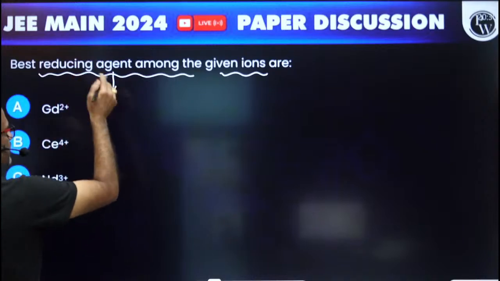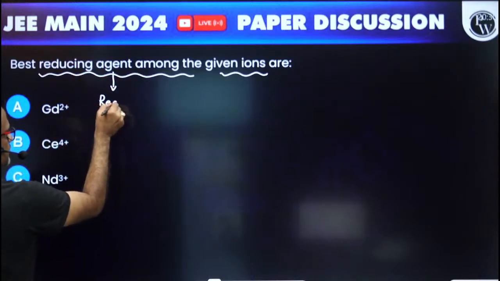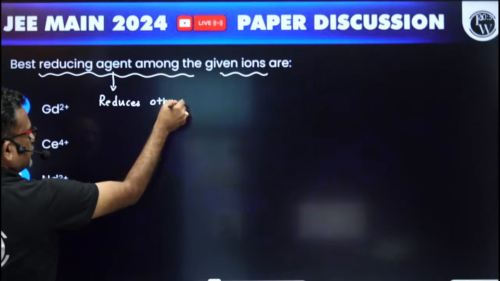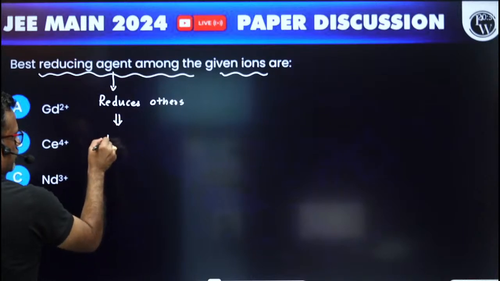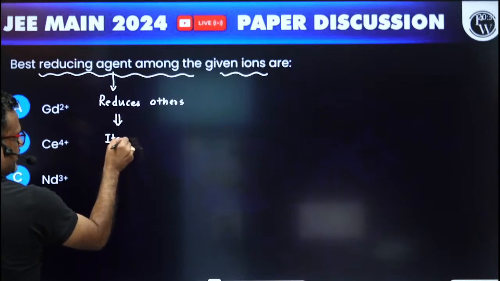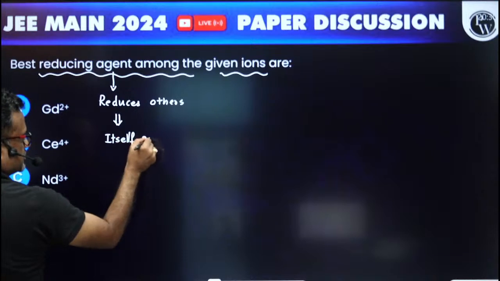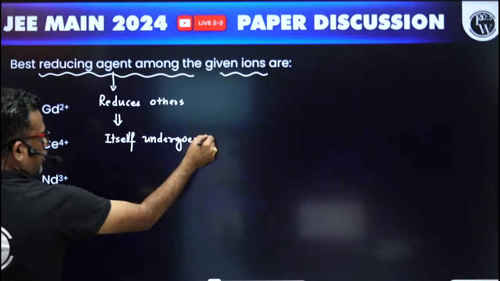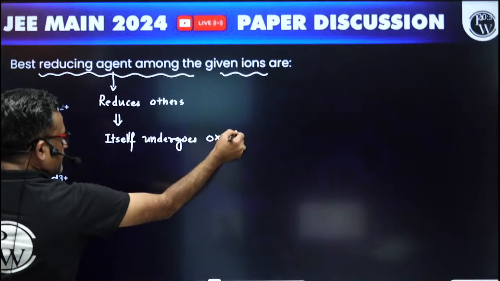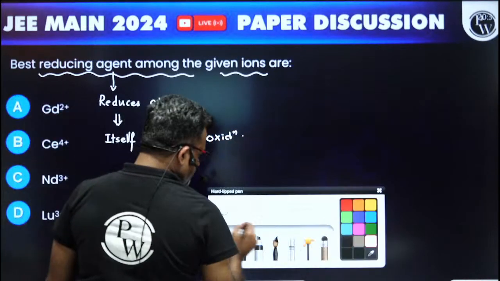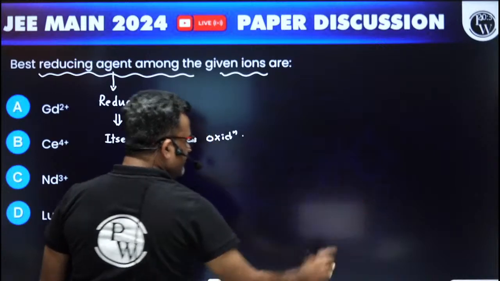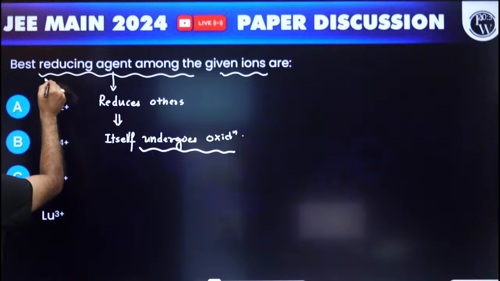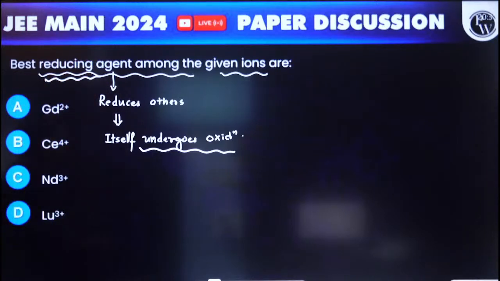A reducing agent is something which reduces others, or we can say that itself undergoes oxidation. Anything that reduces others or itself undergoes oxidation is called a reducing agent. So which is the best reducing agent in this?